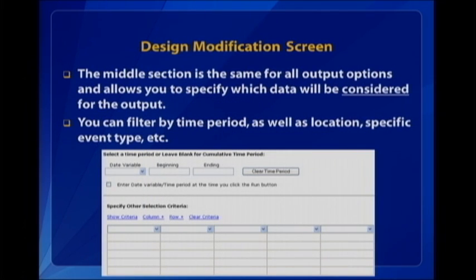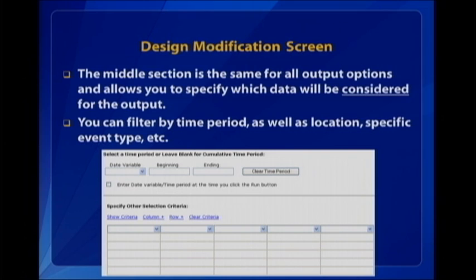The middle section of the modification screen is also the same for all of the output options, and you can specify the data that will be considered. This is where you can get really detailed and crafty with limiting or filtering your data for what you're actually interested in looking at. If you're interested in a certain time period, certain procedure categories, or certain locations, this can all be done through this middle section.